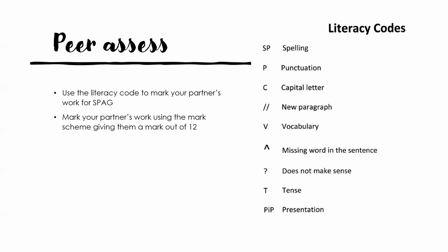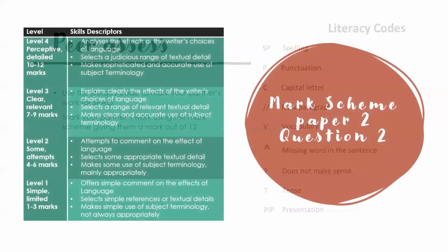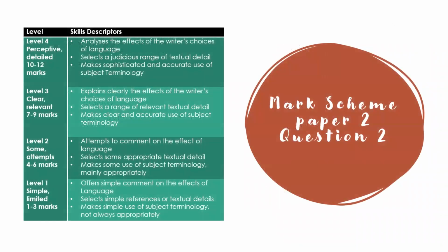And then also check it for SPAG using the literacy code. So just double check your spelling, your punctuation, your capital letters, and so on, and correct them if you haven't. And here is the mark scheme. Please have a look at each of the categories and see where you most likely fit or where your partner most likely fits.